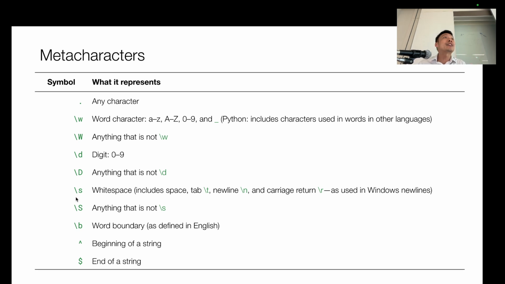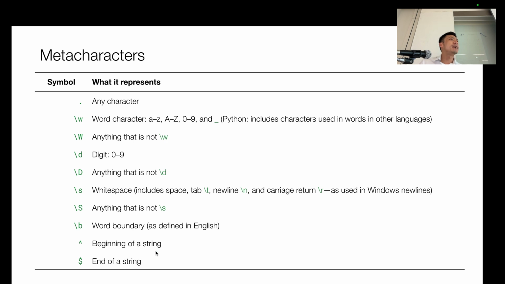It also means \t, which is the tab. Once you press the tab, you add some space, right? That's also included in \s. \n is a new line. When you have a text file and it has a new line, it's \n, a special character. And some old Windows systems still use \r. It's also included there. Big \S is the negation of that. \b is a word boundary as defined in English. We don't use this very much. And the caret, we call it caret, all right?